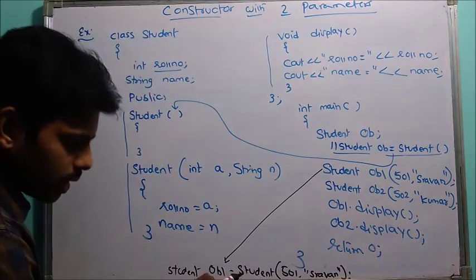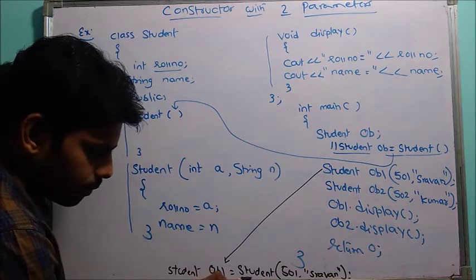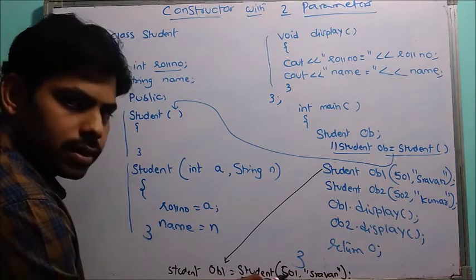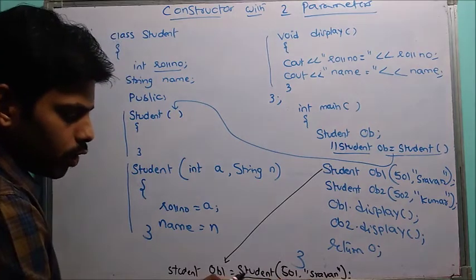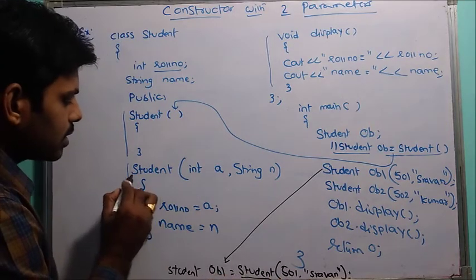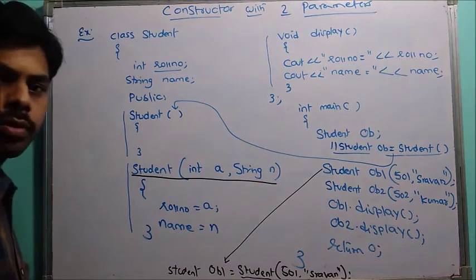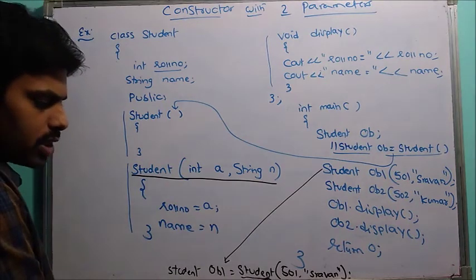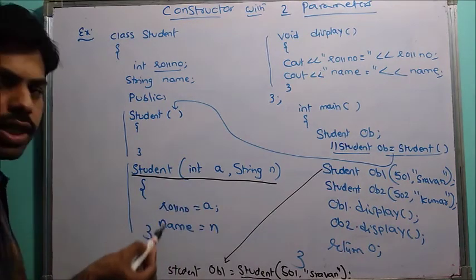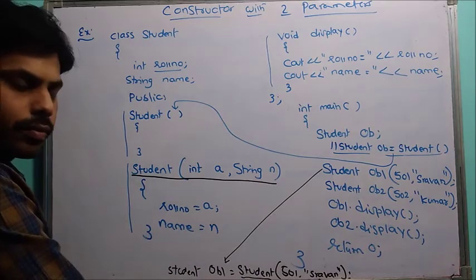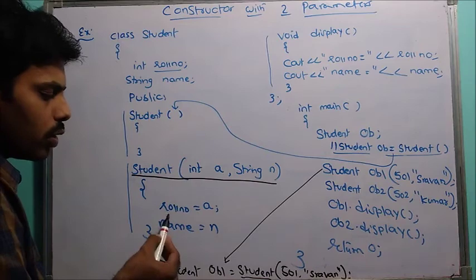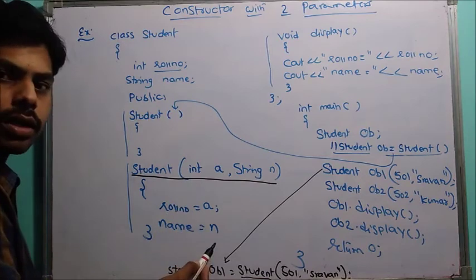If you see this, the constructor function with the two parameters, 501 and this one. So if you observe, this statement and this statement are the same. So immediately the control is passed to this and executes the corresponding statements. That is, roll number equal to 501 and name equal to Shravan. Similarly, for OB2 also, roll number equal to 502, name equal to Kumar.